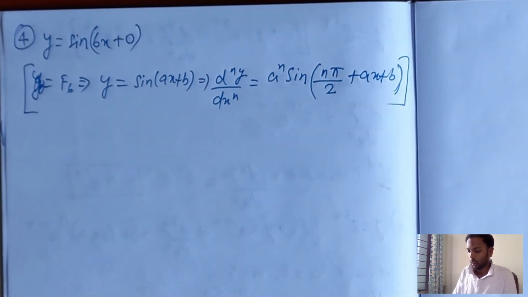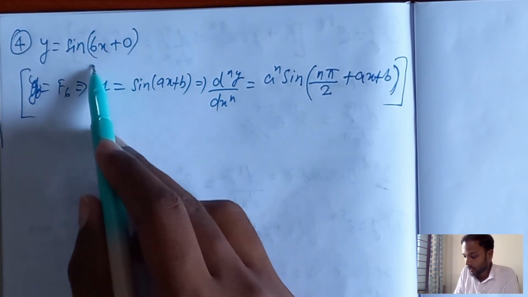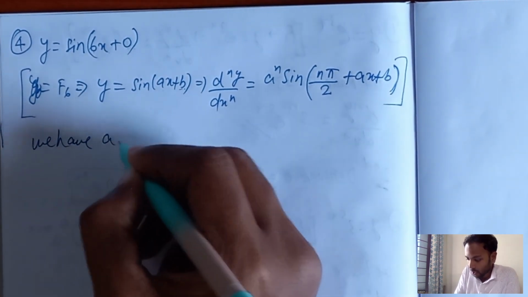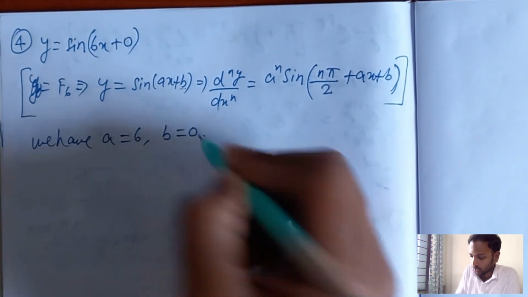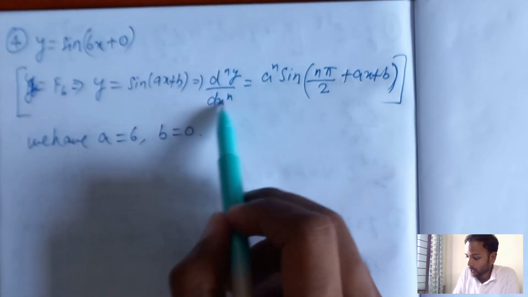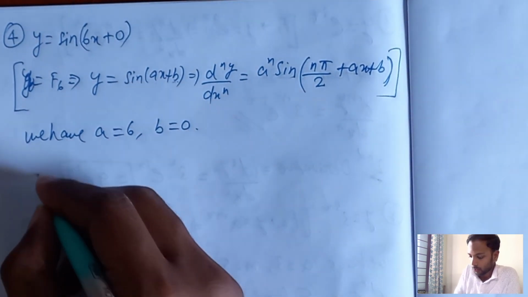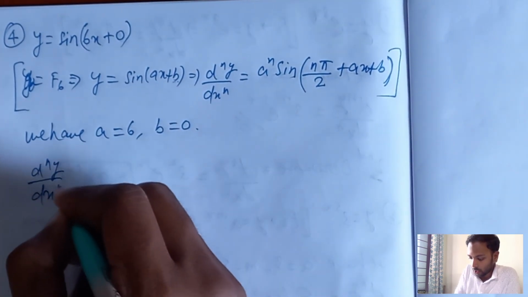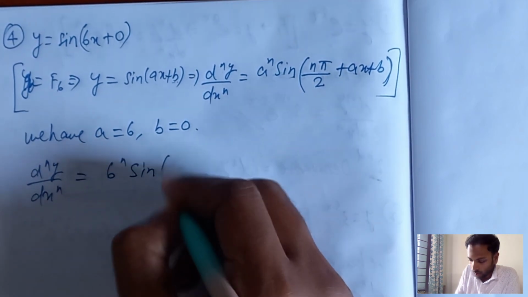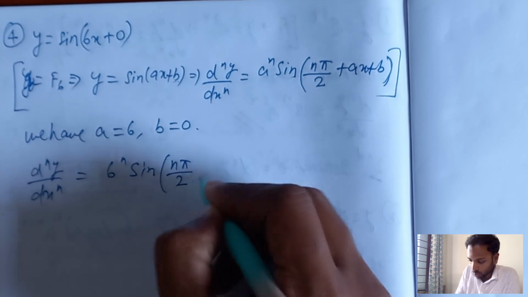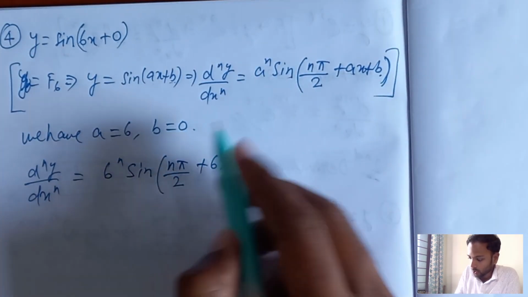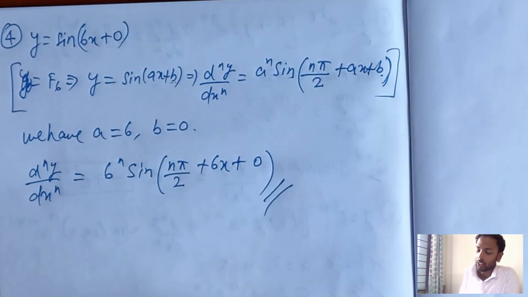Now in place of a there is 6, in place of b there is 0. So we have a is 6 and b as 0. Just put a and b in this expression and find the nth derivative. So the nth derivative is 6 to the power n sine of n pi by 2 plus 6x plus 0. So this is the nth derivative.